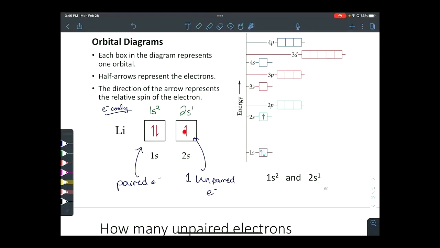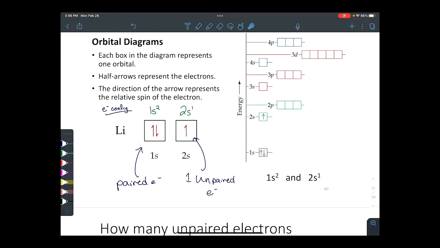What we call this lonely electron that doesn't have a spin partner, we call an unpaired electron. And that gives lithium some magnetic properties that we can actually measure. All right, and we can relate it to the idea that we have an unpaired electron in an orbital versus paired within our 1s shell.